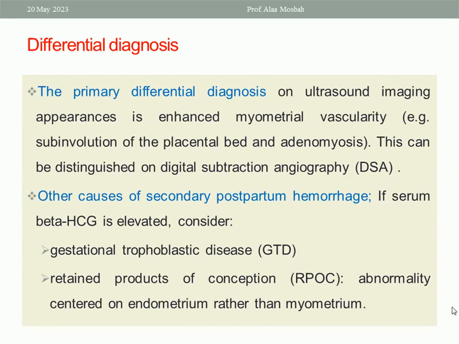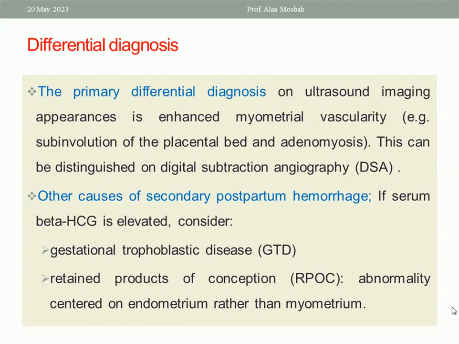Other causes of secondary postpartum hemorrhage: if serum beta HCG is elevated, consider gestational trophoblastic disease or retained product of conception. Why? Because in retained product of conception, the abnormality is centered on the endometrium rather than the myometrium, and this is associated with still elevated beta HCG.